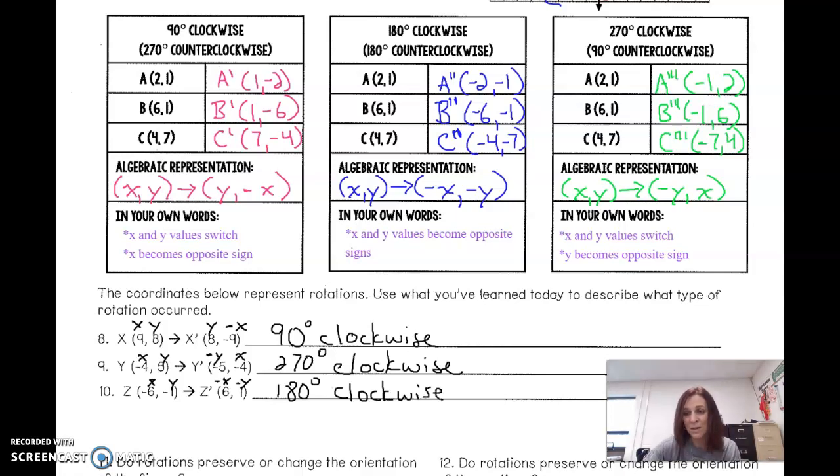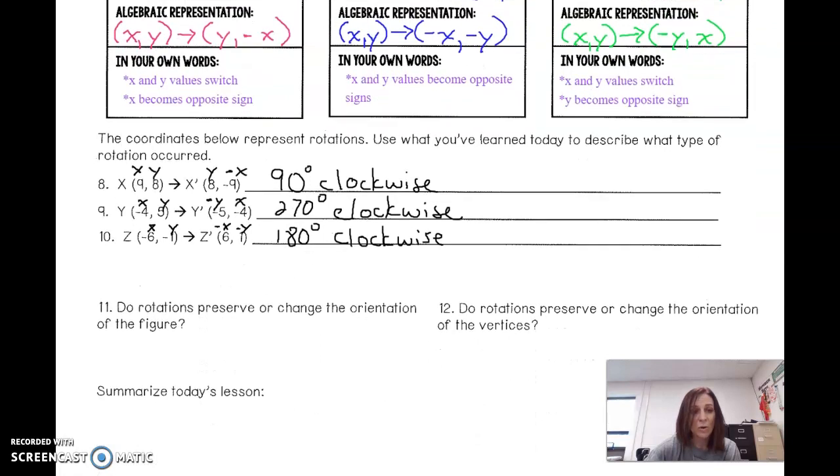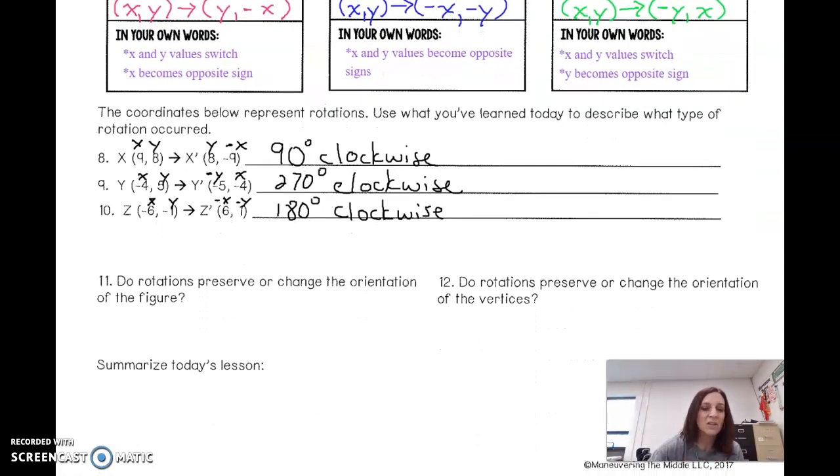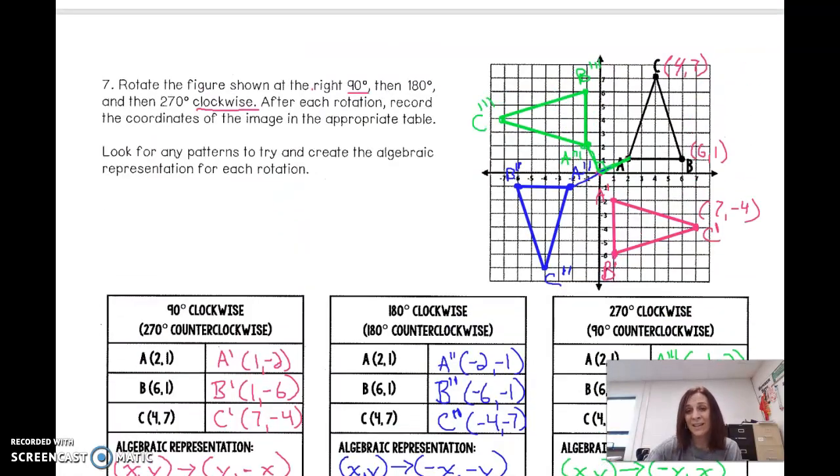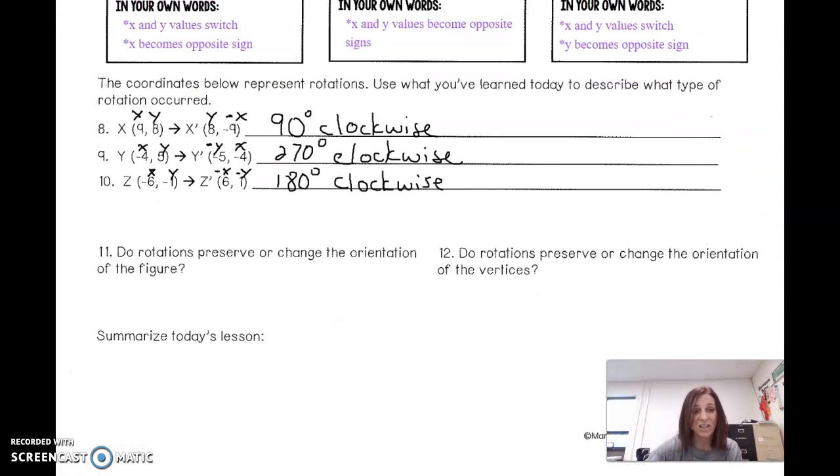Okay. All right. Do rotations preserve or change the orientation of the figure? The figure is facing a different direction, so the orientation is definitely changed. Do rotations preserve or change the orientation of the vertices?